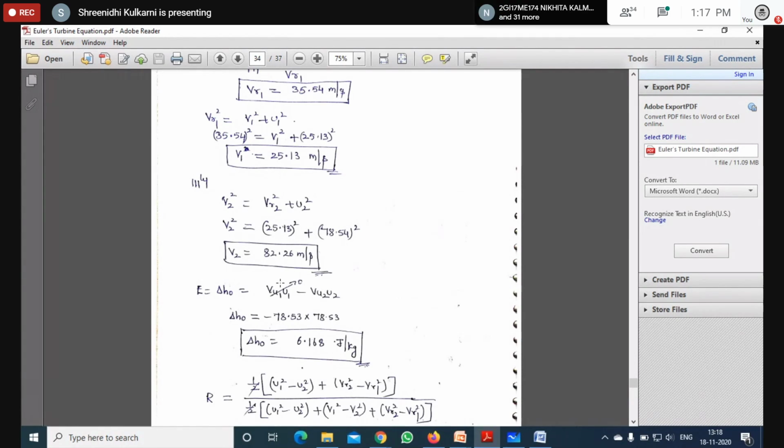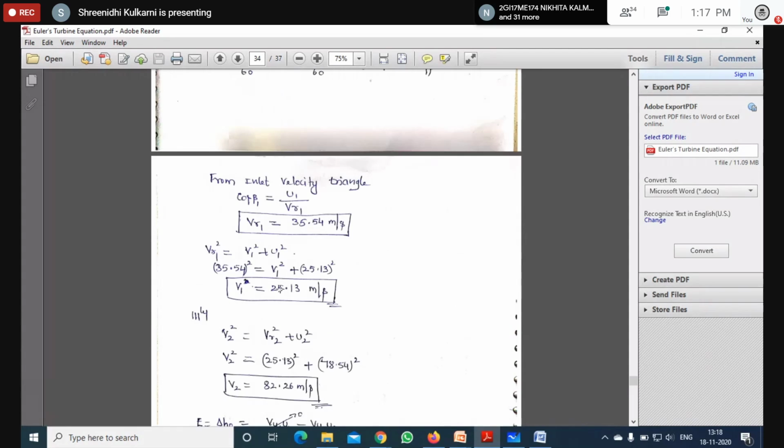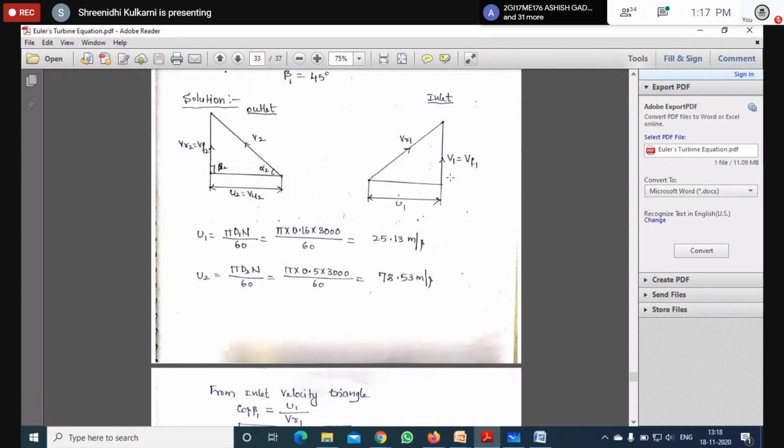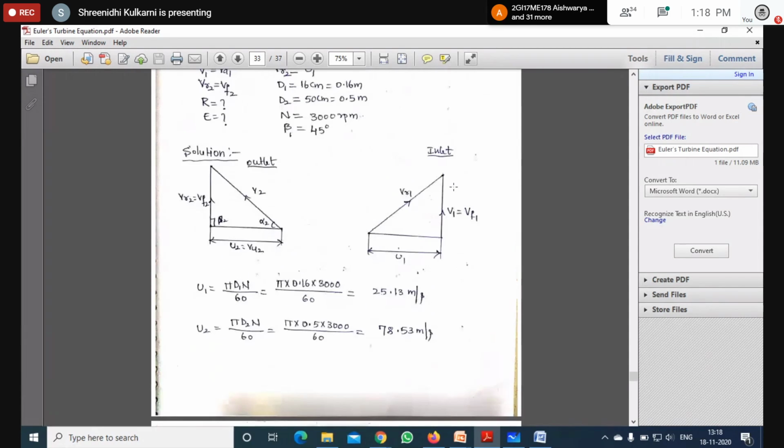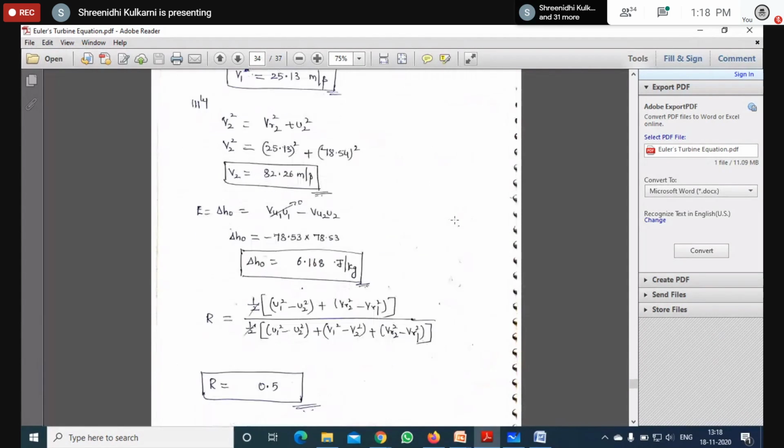VU1 is equal to 0. The reason is, if the absolute velocity is axial or radial, VU1 will become 0. So this term is 0.